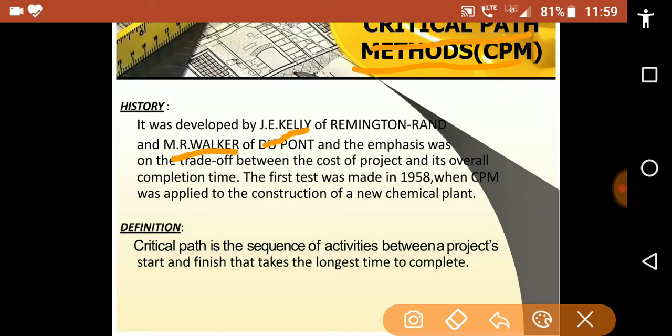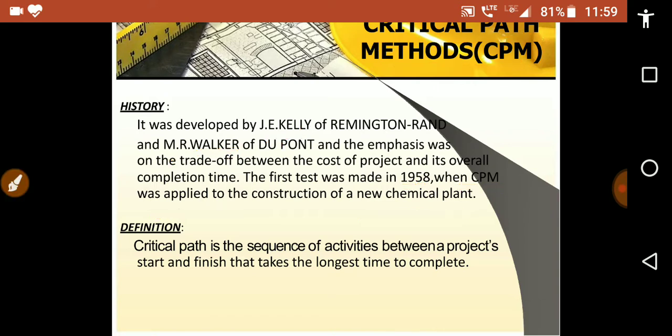The first test was made in 1958 when CPM was applied to the construction of a new chemical plant. So what is the emphasis of CPM, the critical path method? It emphasizes the trade-off between the cost of the project and the overall completion time.